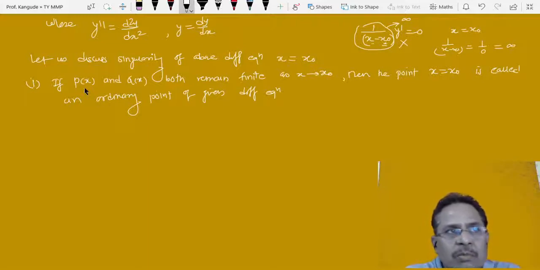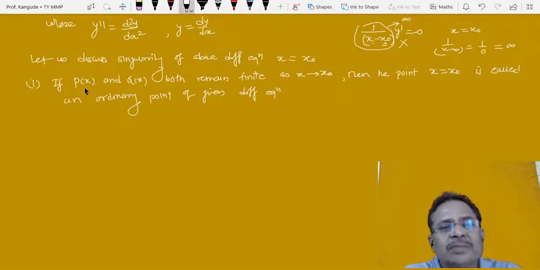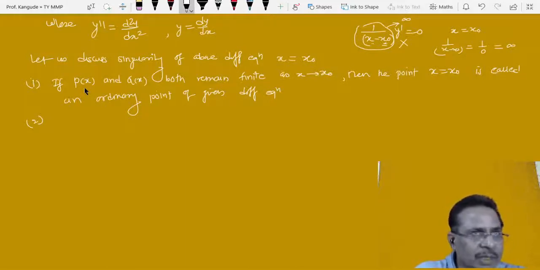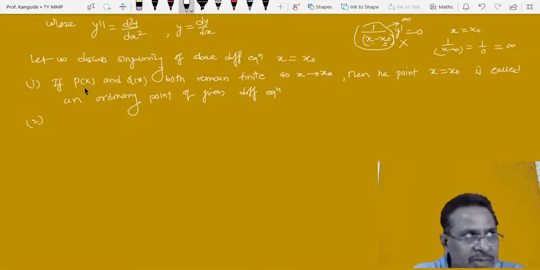That means both p of x and q of x remain finite, they do not diverge, when I replace x by x0 in that differential equation. That is the first classification of the singularity. Now there is no singularity in this equation, therefore it is possible to get the solution for that differential equation.